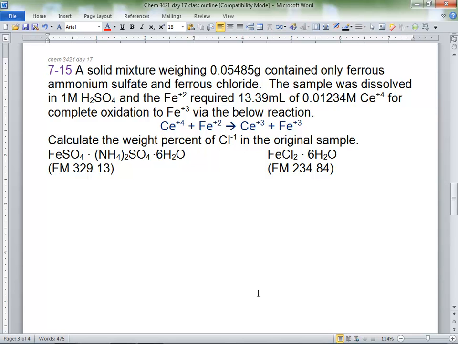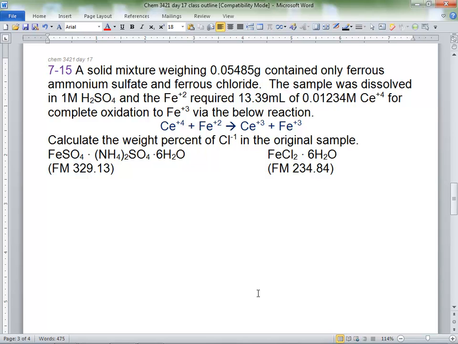Let's jump to this one. This is problem 7-15, right after 13. Yes. A solid mixture containing 0.05485 grams contained only ferrous ammonium sulfate and ferrous chloride.